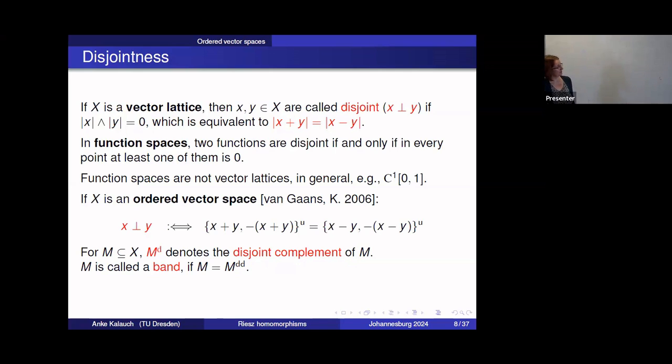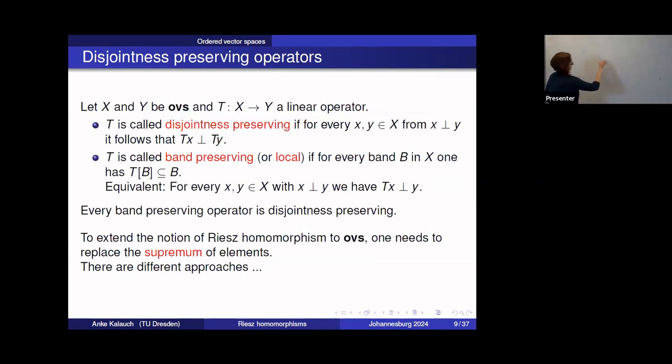I would like to explain this basic approach about using the notion of disjointness. When you have functions, normal functions on an interval, you have an idea of what disjoint should mean. Namely, you have a function f and a function g, and they are disjoint if at any point one of the two is 0.